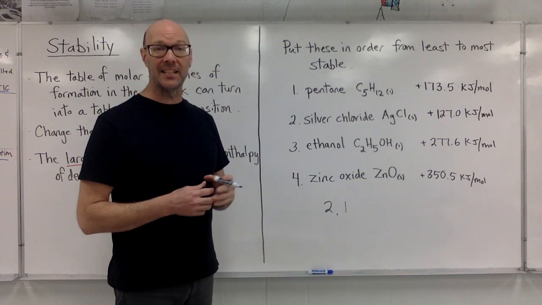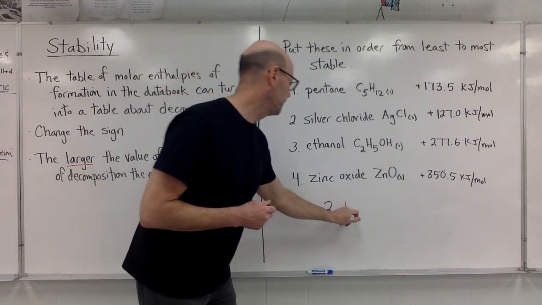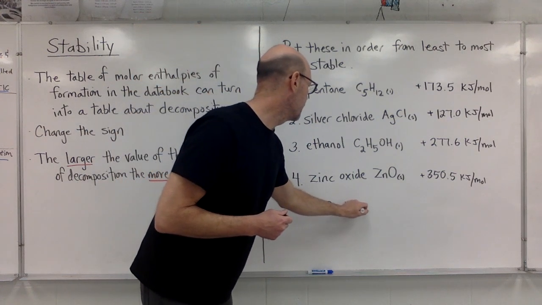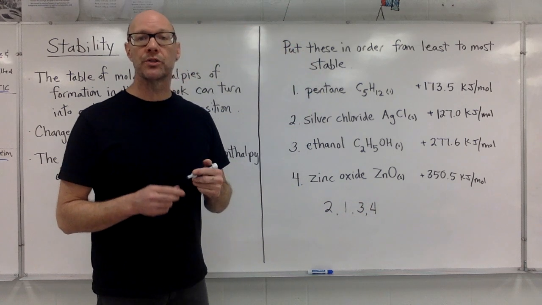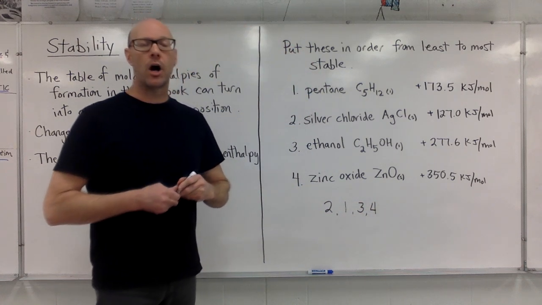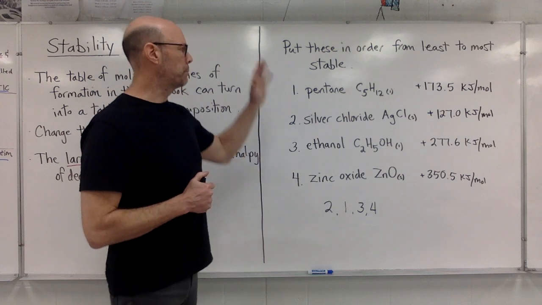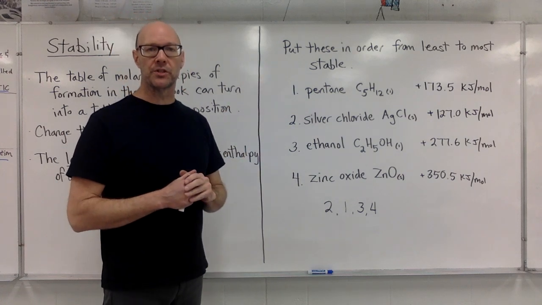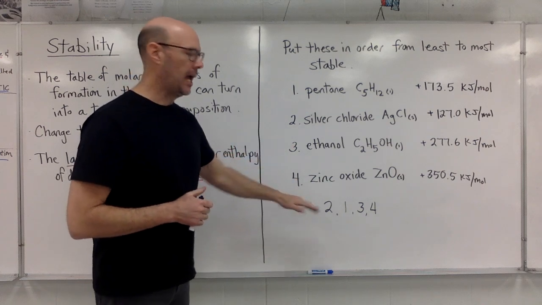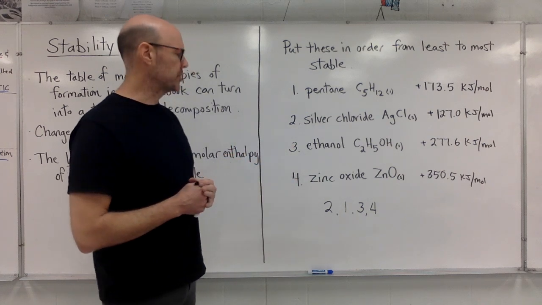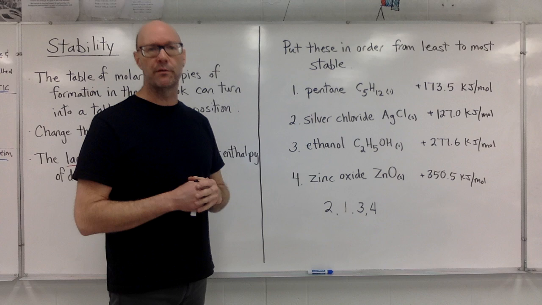Pentane is the second least stable, and then ethanol, and then the most stable is the zinc oxide. So when I'm asked to put these in order from least to most stable, I looked up the values in the data booklet, changed the sign, and put them in numerical order, which is 2, 1, 3, 4.